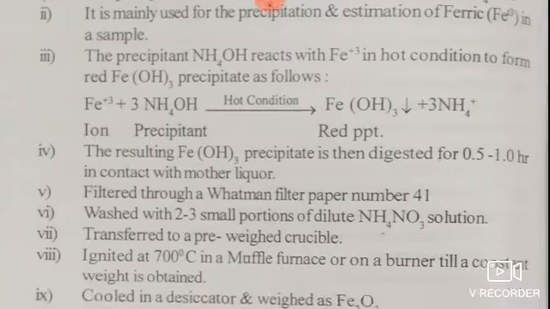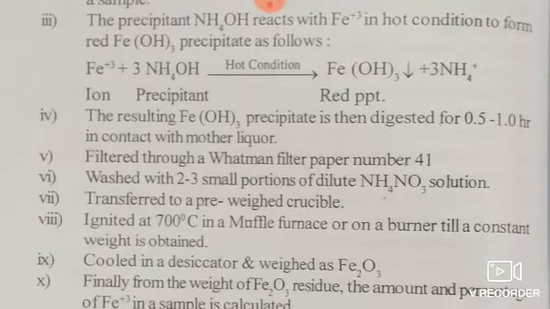The resulting Fe(OH)3 precipitate is then digested for 0.5 to 1 hour in contact with the mother liquor, filtered through a Whatman filter paper number 41, washed with 2-3 small portions of dilute ammonium hydroxide solution, then transferred to a pre-weighed crucible, and ignited at about 700 degrees Celsius in a muffle furnace or on a burner until a constant weight is obtained, cooled in the desiccator and weighed as Fe2O3.